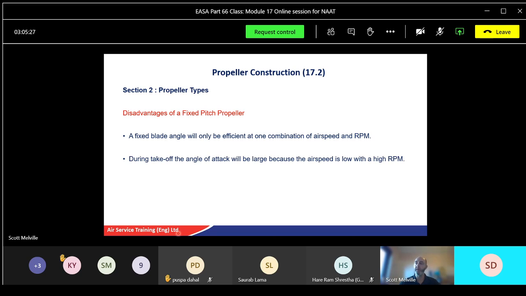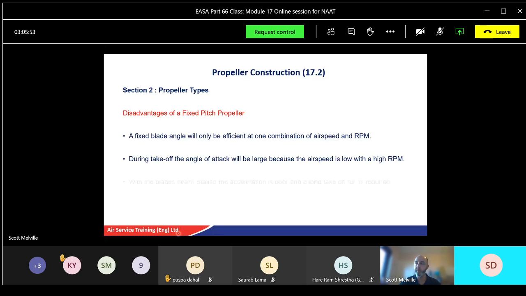During takeoff, the angle of attack will be large because the airspeed is low with a high RPM, until the aircraft forward speed catches up, then it will decrease the angle of attack, again depending on the size of it. So a fixed pitch propeller with a high angle of attack is going to take a lot longer to get the speed up before it gets the torque going.